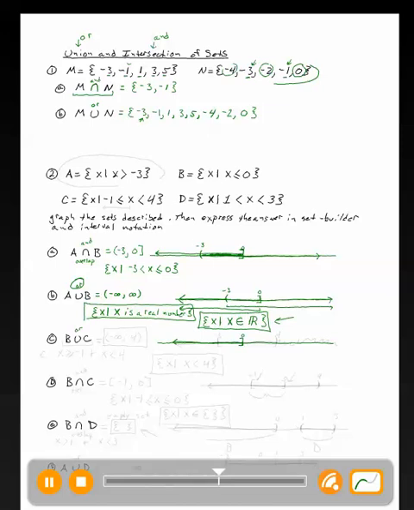Now if I look at C, there are two conditions on C. So I want to write these both down. The first condition says x is greater than or equal to -1. And the second condition is x is less than 4.